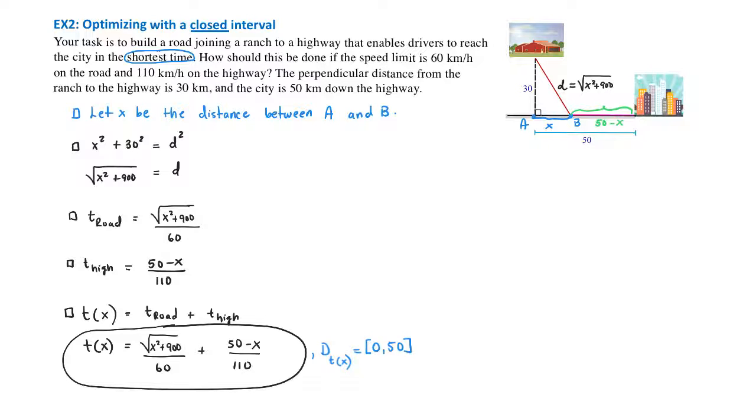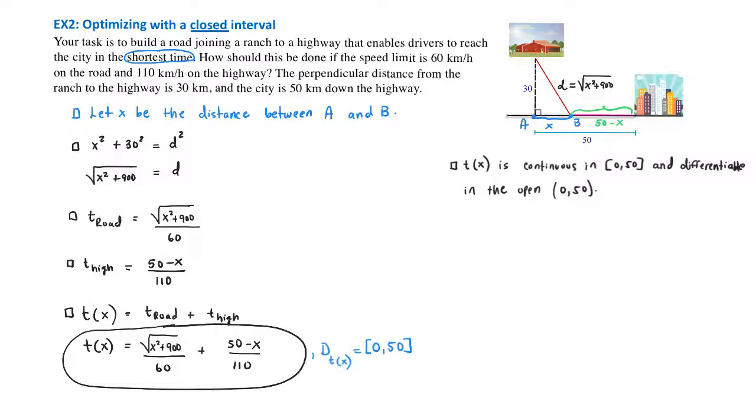And I'm going to make a note of that. I'm going to say here that t of x is continuous in the closed interval 0 to 50 and differentiable in the open interval from 0 to 50. So we have continuity and differentiability in the interval 0 to 50.